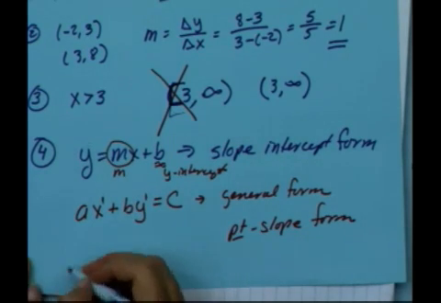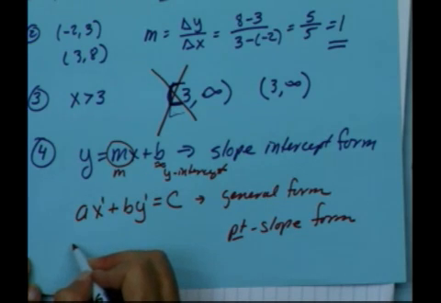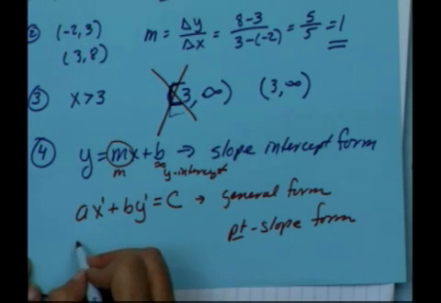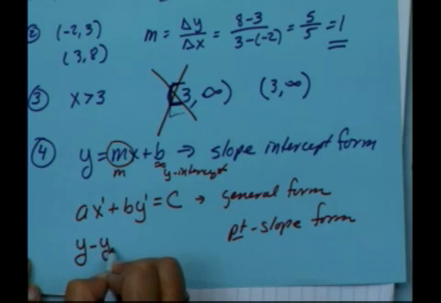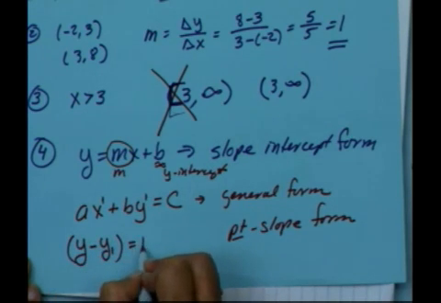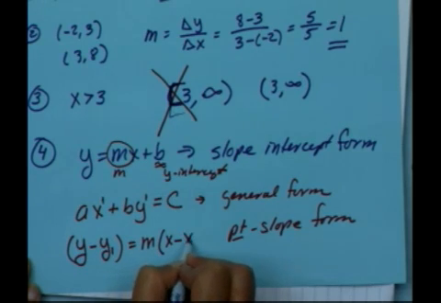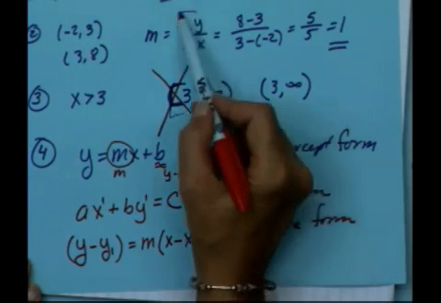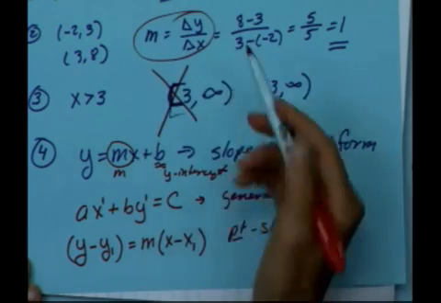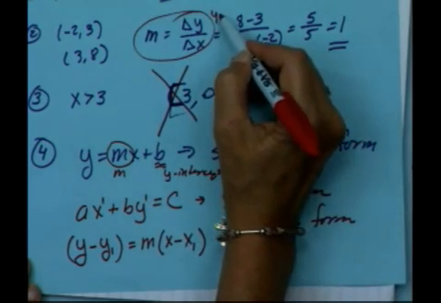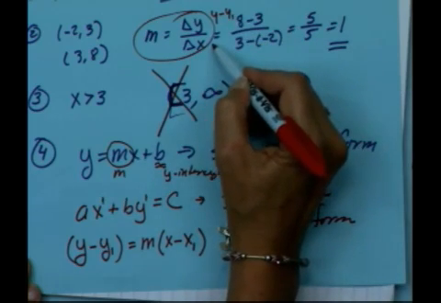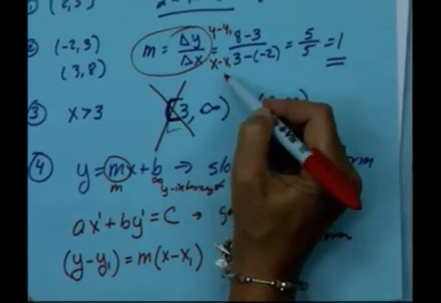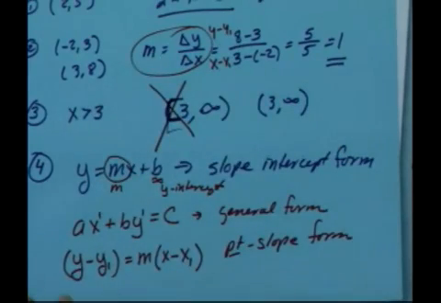You're exactly right. It's going to be y minus the y coordinate equals the slope times x minus the x coordinate. That's no more than the formula for slope and then cross multiplying. Change in y is y minus y1. Change in x is x minus x1. So if you just cross multiplied here, that came right from the equation for the slope.